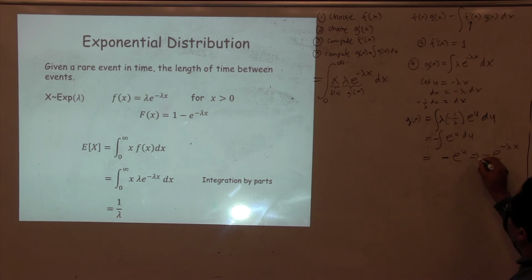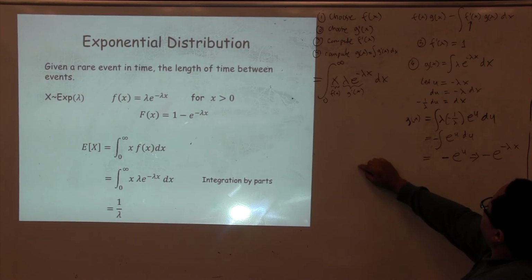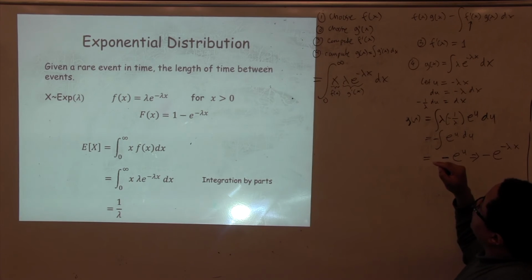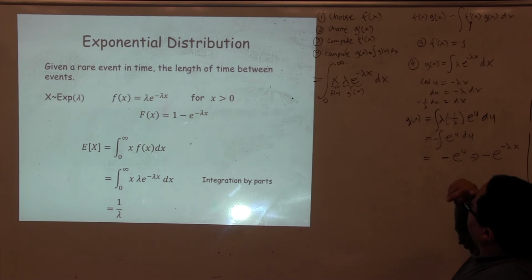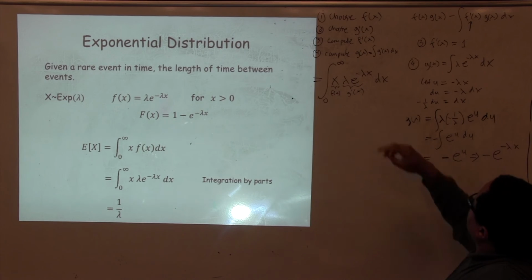So my g of x is minus e to the minus lambda x. I have my f of x term, that's x. I have my g of x term from step 4, that's minus e to the minus lambda x. My f prime of x is 1. And my g prime of x is lambda e to the minus lambda x.